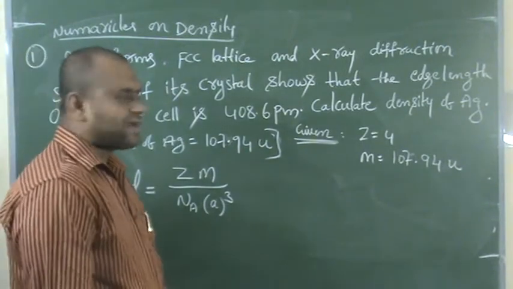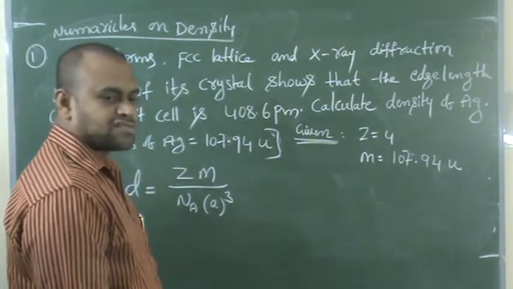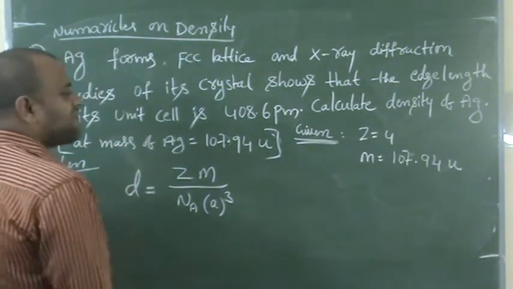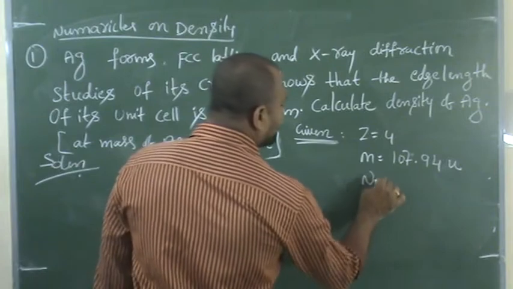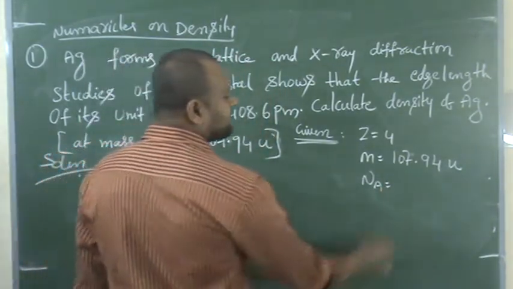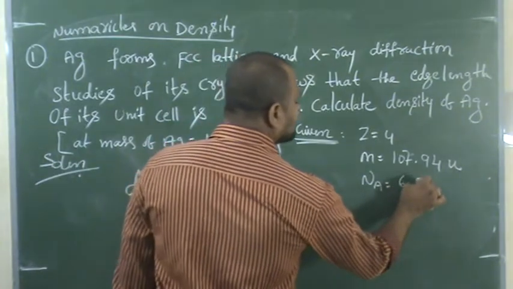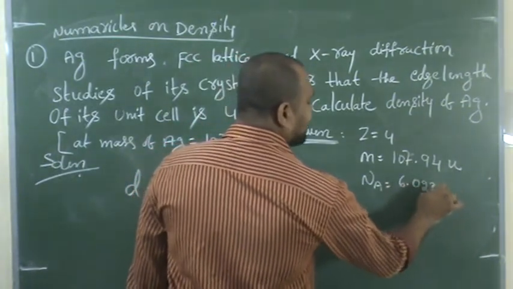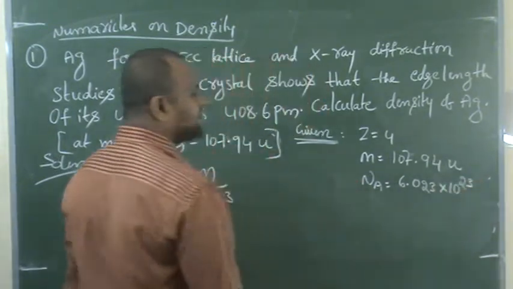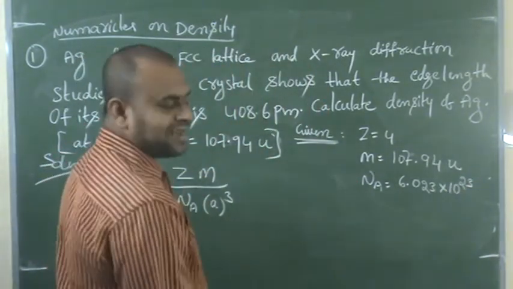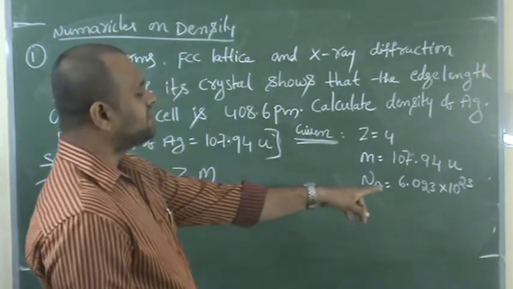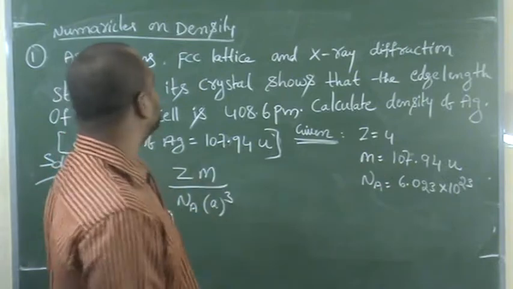Next, Avogadro's number. Already we know what Avogadro's number is: 6.023 into 10 to the power of 23 atoms.